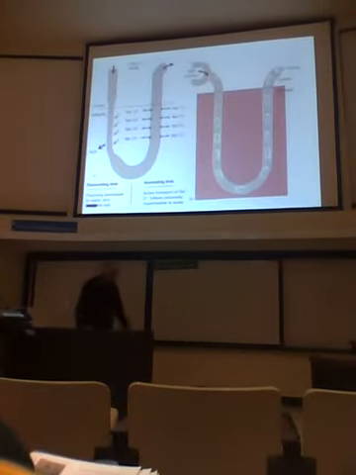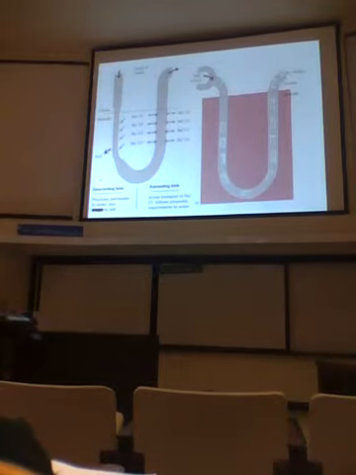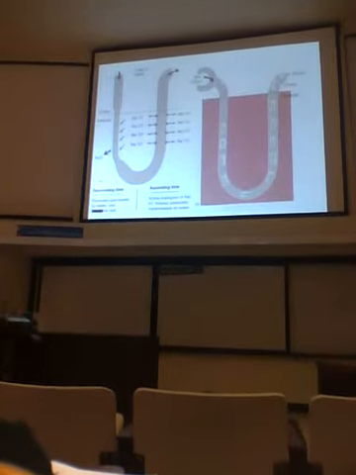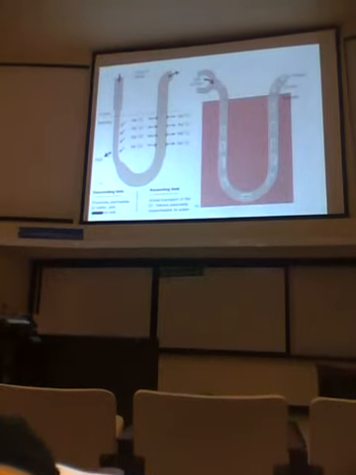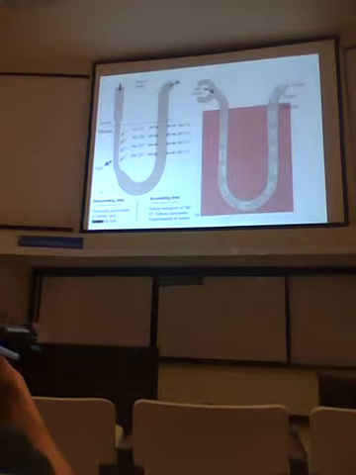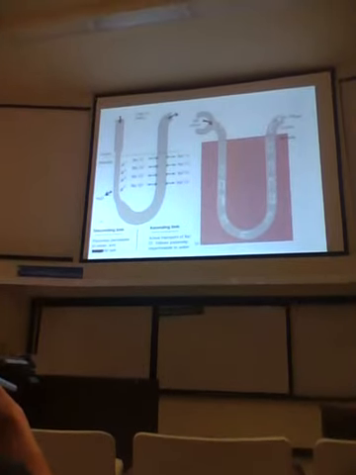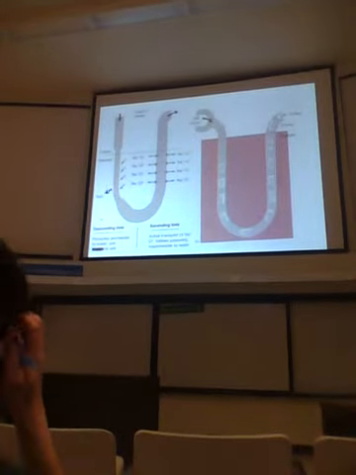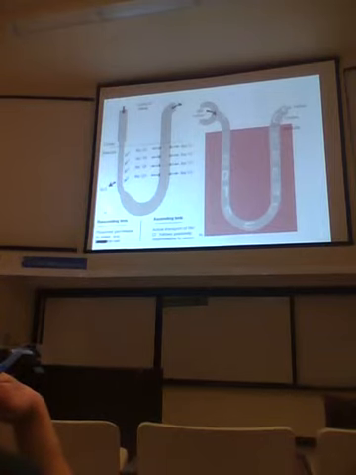Here. So on the left is a summary of what I've just said in a diagram. So look, here is the descending limb, and here is the ascending limb. Okay, this is the key part. In the descending limb, it is passively permeable to water, so water passes out of the tubule into the medulla.